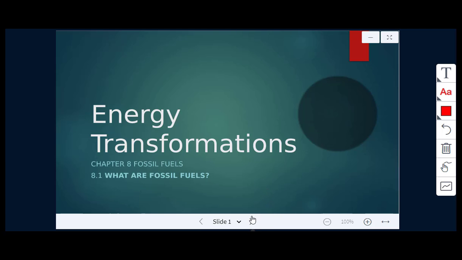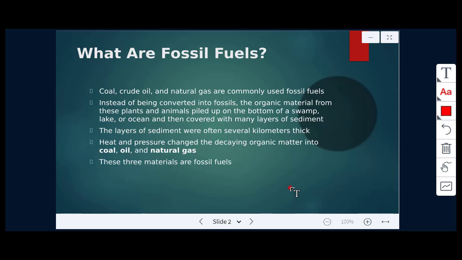What are fossil fuels? So coal, oil, and natural gas are the commonly used fossil fuels. Instead of being converted into fossils, which we see like bones and things of dead organisms, that organic material becomes piled up on the bottom of a swamp or a lake or ocean, and then it gets covered with many, many layers of sediment.